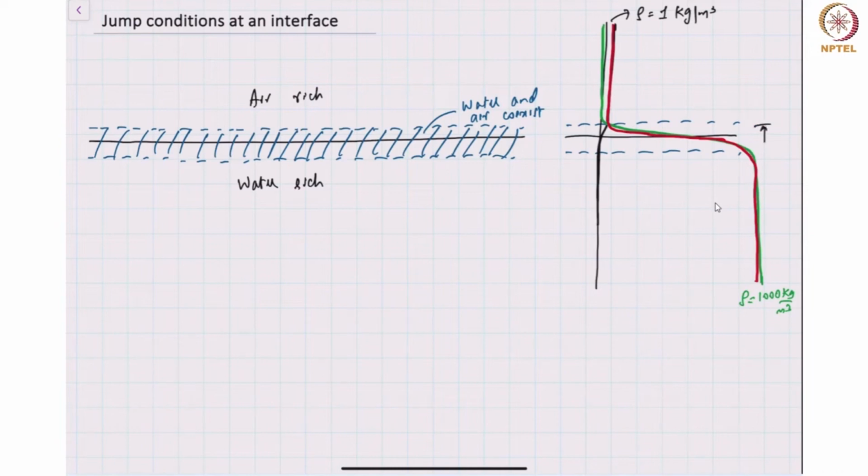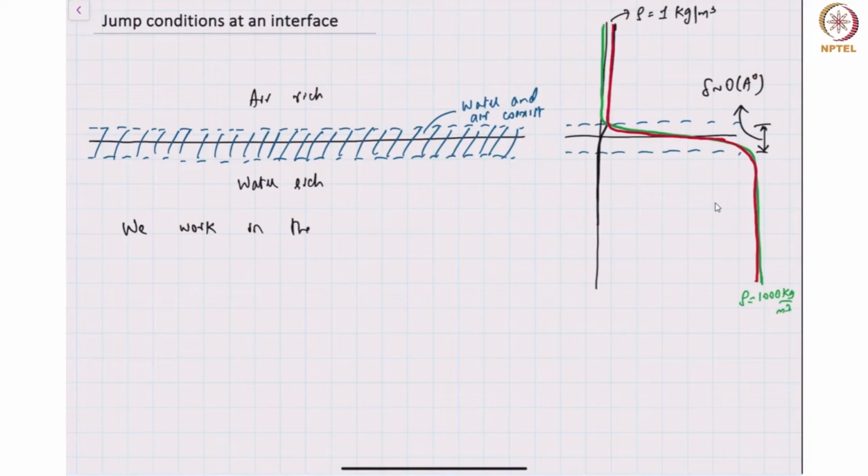Now the only catch is that the thickness of this region is of the order of a few angstroms. It is so small that in the continuum regime, it is practically an interface for us.